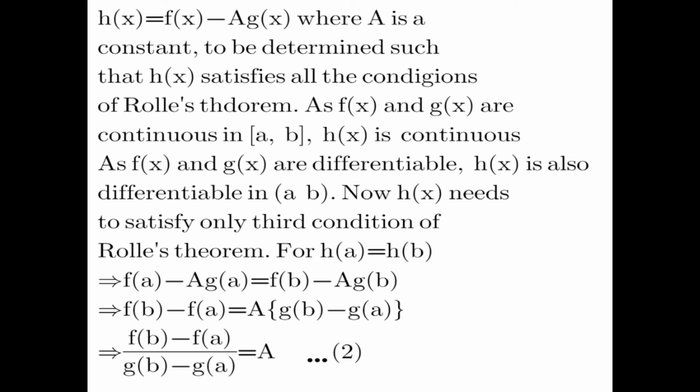For the first two conditions, h(x) must be continuous in the closed interval [a,b] and differentiable in the open interval (a,b). f(x) and g(x) are continuous in the closed interval [a,b] and differentiable in the open interval (a,b).